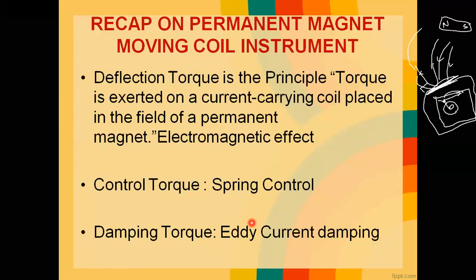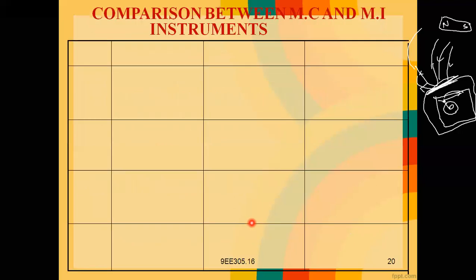And after discussing the construction and working principle of a permanent magnet moving coil, let us proceed further. Step by step in detail, we will look at the comparison of permanent magnet moving coil instrument with MI instruments. So comparison between MC and MI instruments.